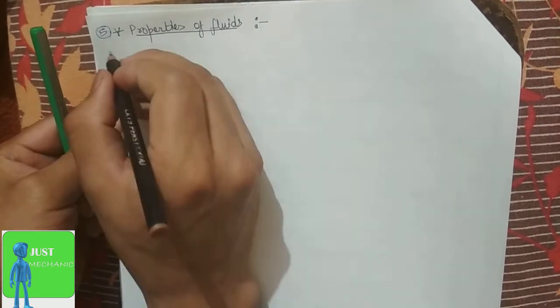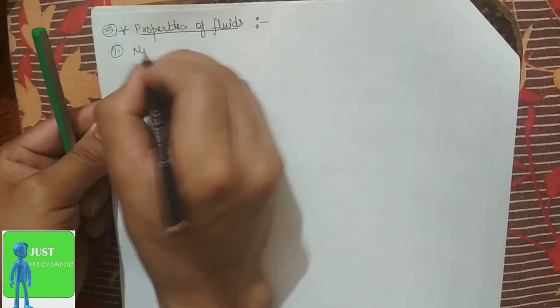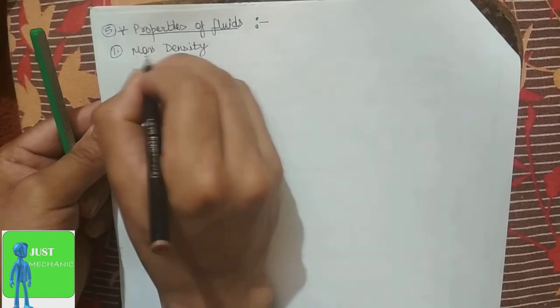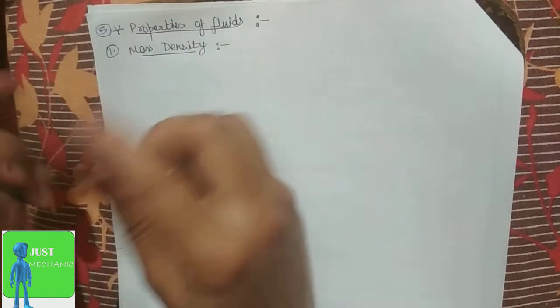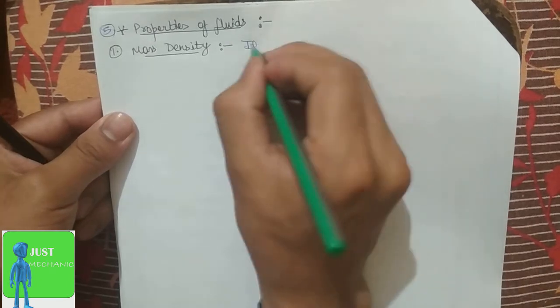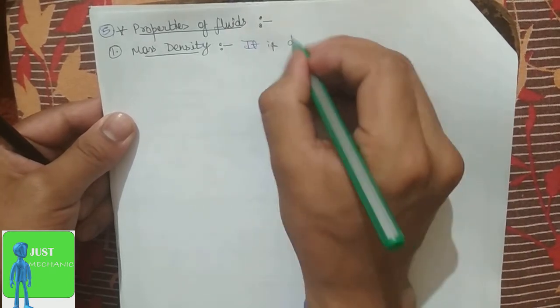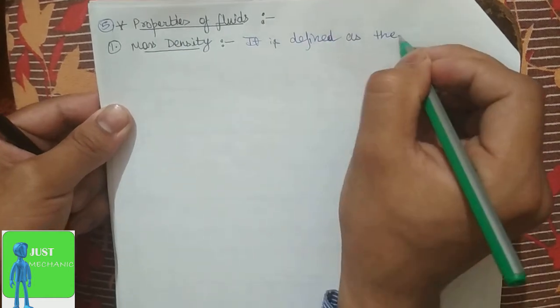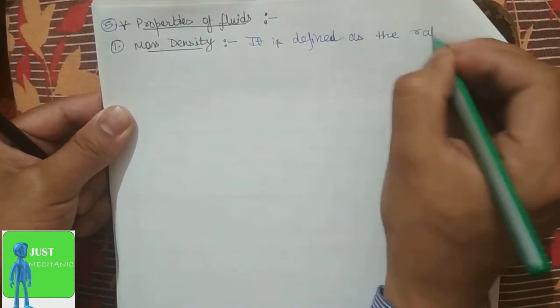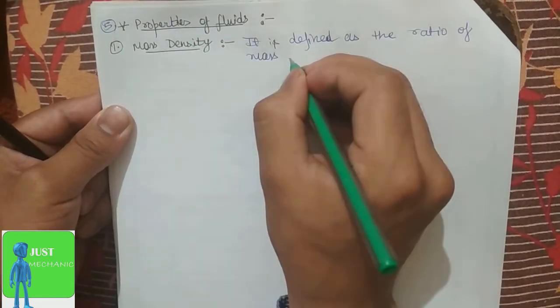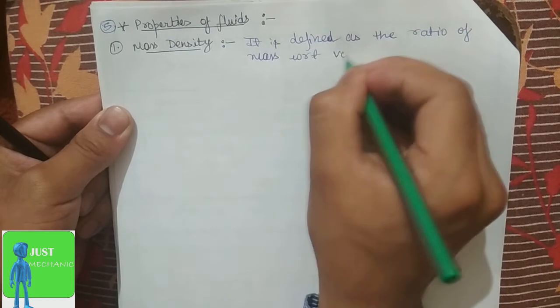So the first property of fluid is mass density. What is mass density? It is defined as the ratio of mass with respect to volume.